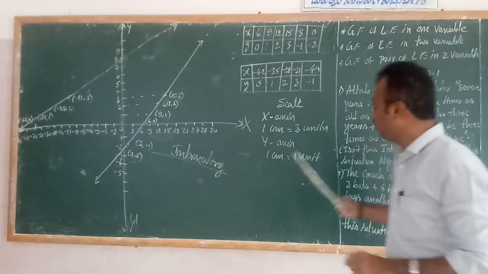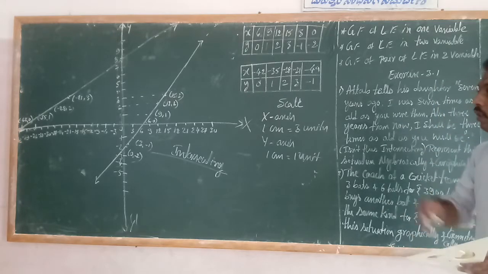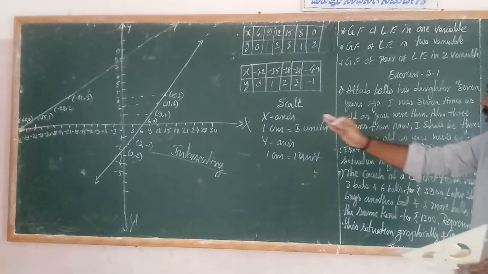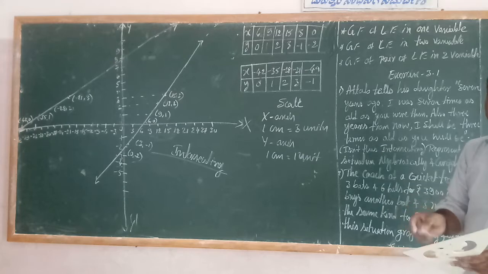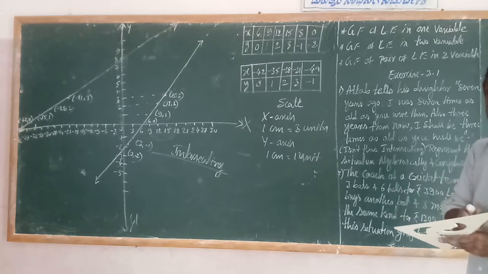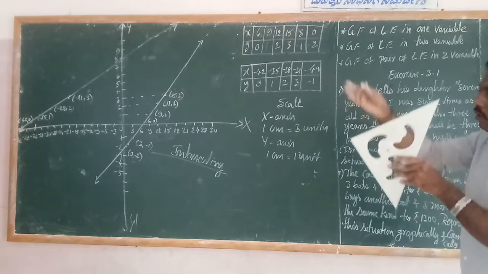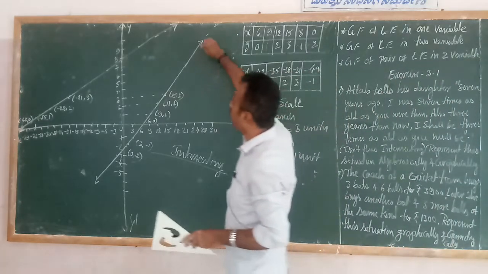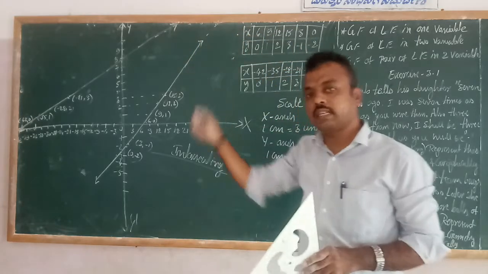First, the equations are given in the question. We have to understand the question, make the two equations and plot the points on the graph sheet. Then the two straight lines become intersecting, parallel or coincident. This is intersecting because we know already.